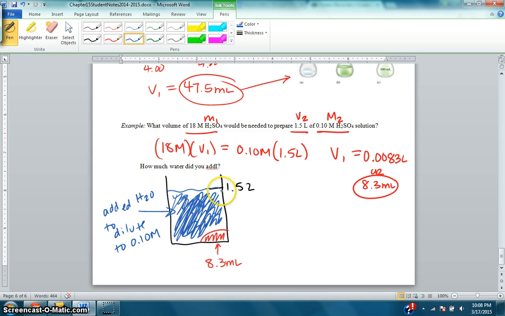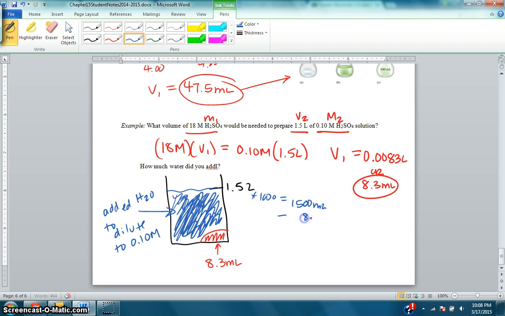So how much water did I add? If we think about this picture, if my total volume is 1.5 liters and 8.3 is my stock solution, I can subtract these two numbers to figure out how much water I added. But because this is milliliters and this is liters, the first thing I need to do is turn this to milliliters. So I'm going to do that times 1,000. That's going to get me 1,500 milliliters.